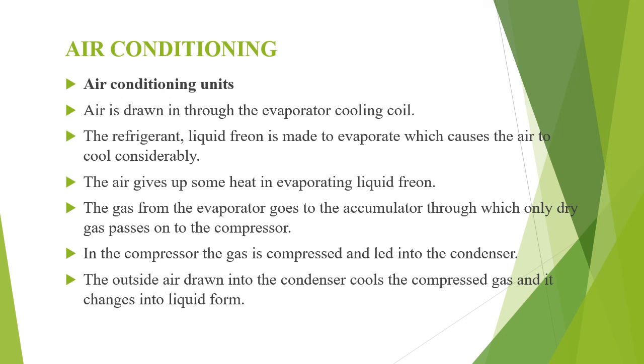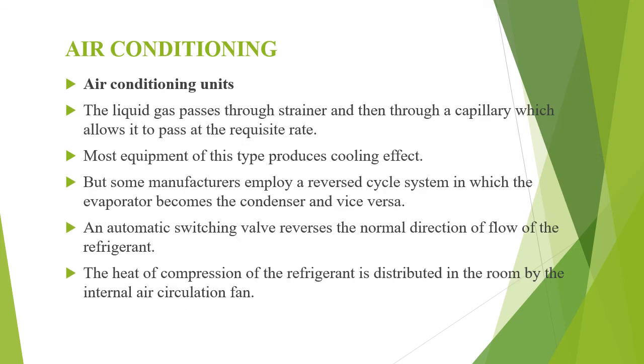The gas from the evaporator goes to the accumulator through which only dry gas passes on to the compressor. In the compressor, the gas will be compressed and it will be led into the condenser. The outside air drawn into the condenser will cool the compressed gas and it will change into liquid form. The liquid will then pass through a strainer and then through a capillary, which allows it to pass at the requisite rate.